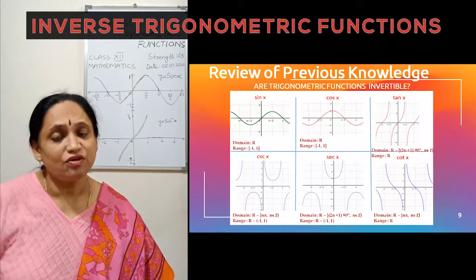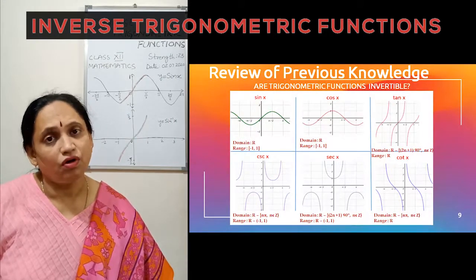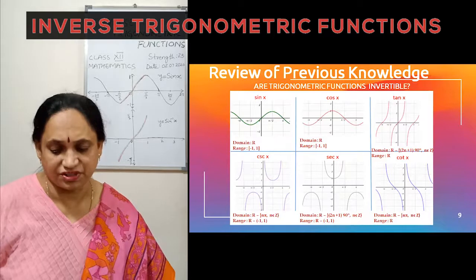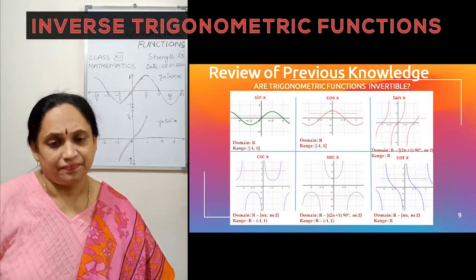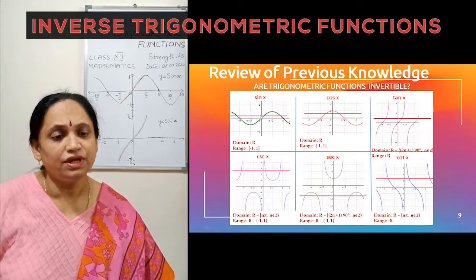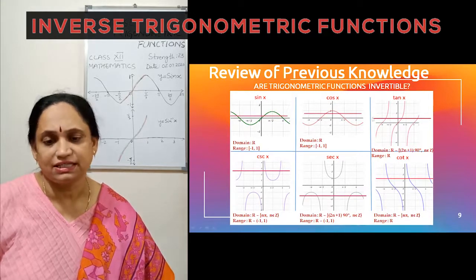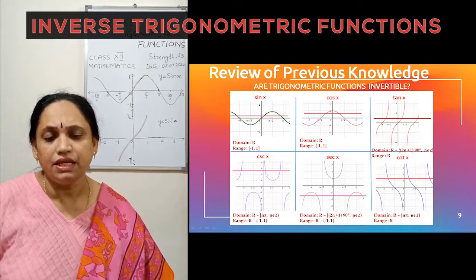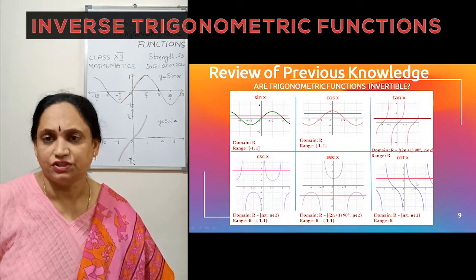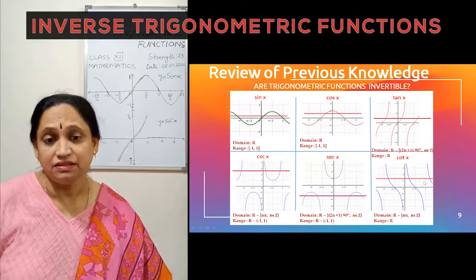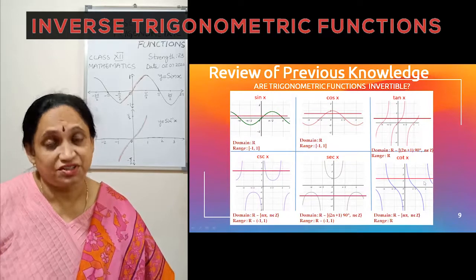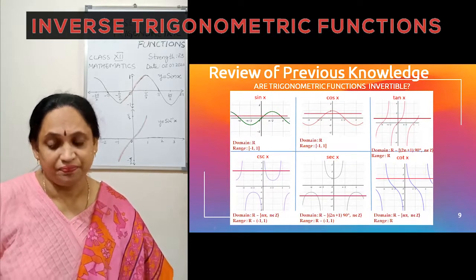Let us place this horizontal line on all these graphs of the trigonometric functions. You can see that the horizontal line test is not satisfied by any of the trigonometric functions, and hence trigonometric functions are not invertible.